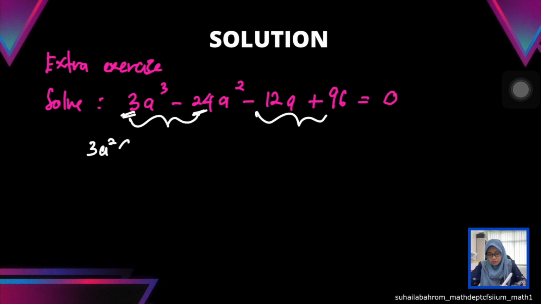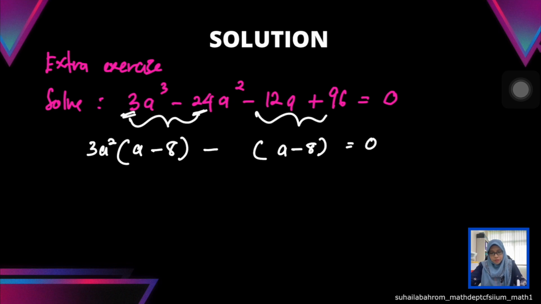3a squared. So what you will get here is 3a squared times a minus 8, and the other part should also be a minus 8, is equal to 0.